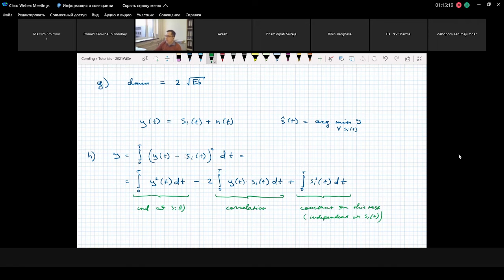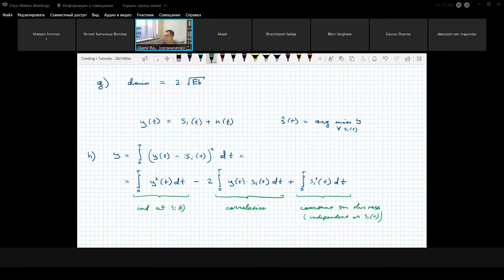But if we considered a case of unipolar signals, where for one signal we have 0 and for another signal we have 1, then it would make sense to also take into account the last part, because it would tell you where the threshold will be when you make a decision.